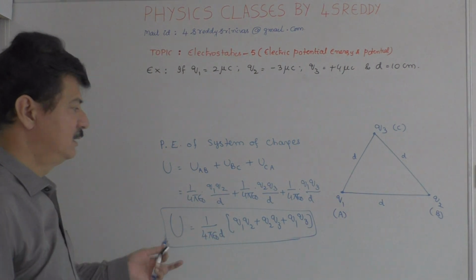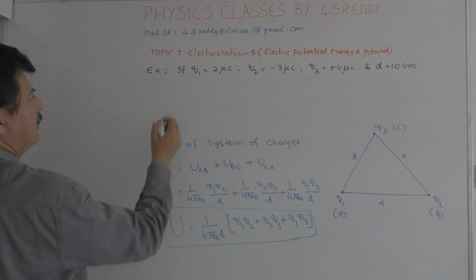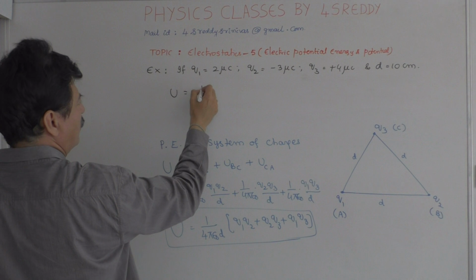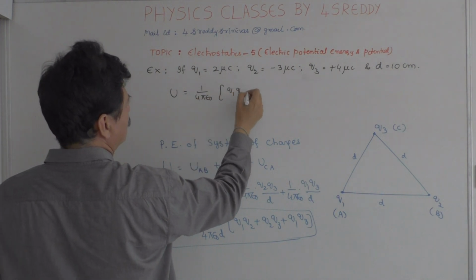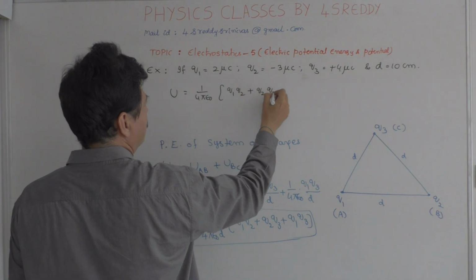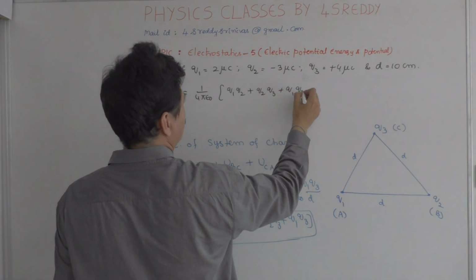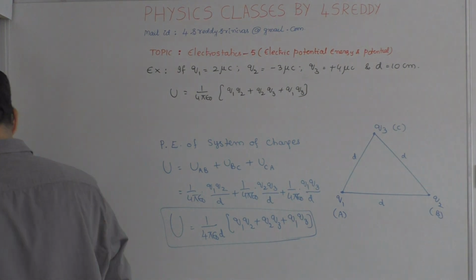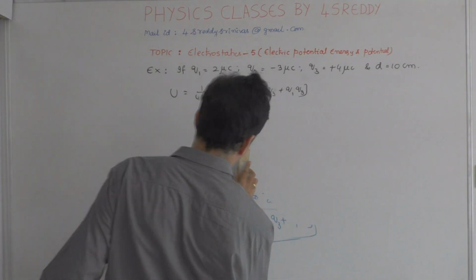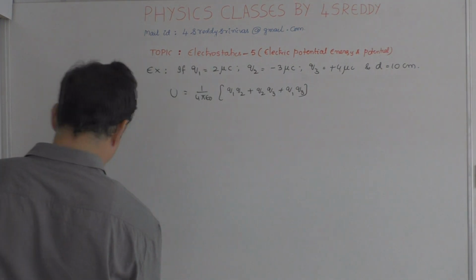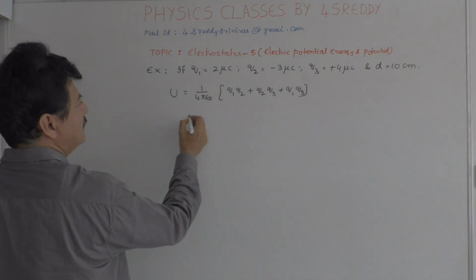Then straight away you can calculate that U is equal to 1 by 4 pi epsilon naught D into Q1 Q2 plus Q2 Q3 plus Q1 Q3. This is the standard form.